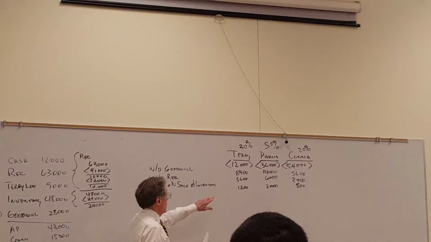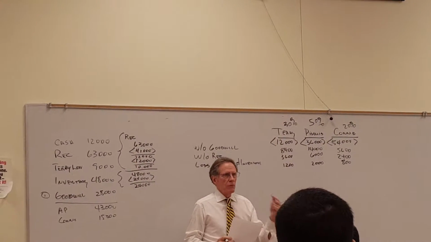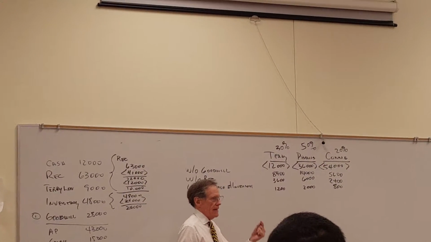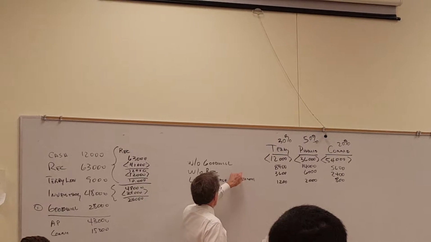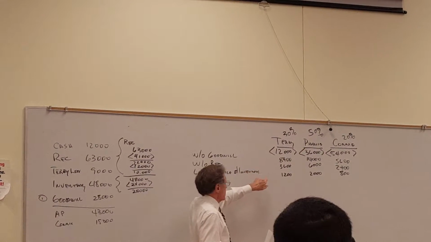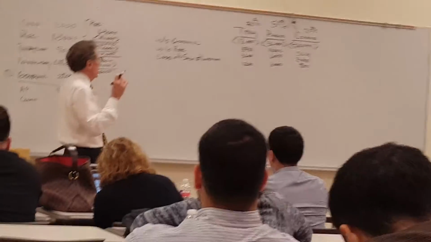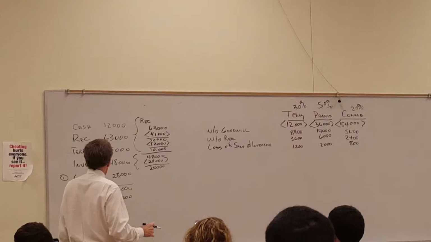What we're doing is we start off with the capital accounts and we reduce them as we write off assets. The assets that we have written off: goodwill, we wrote off receivables, and we wrote off the loss of the inventory.